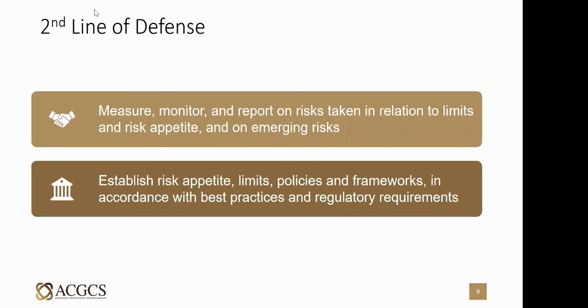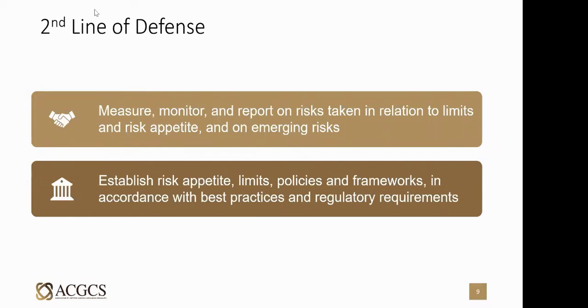So what does second line do? Second line usually you will see as compliance officers and the different compliance individuals that help set the tone and set the policies and the procedures. They establish what the risk appetite is. If you're a financial institution, they're the ones that will help you, or they will decide, and have an ear to the ground, and will have very good relationships with the regulators, and they will decide any clients that you would wish to do business with.